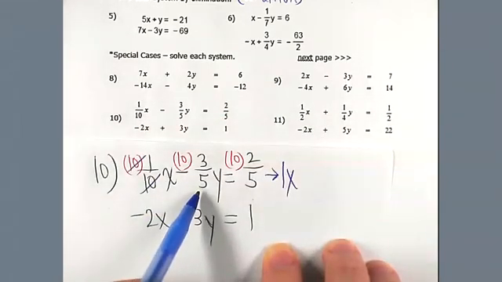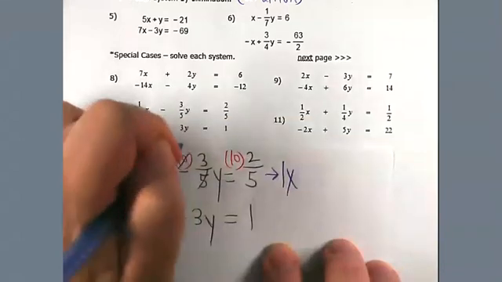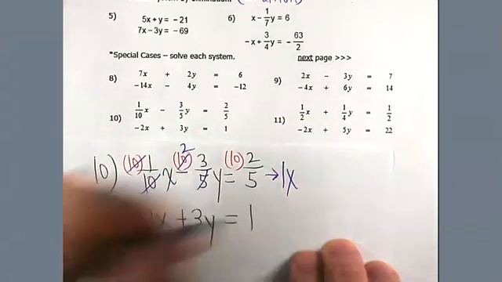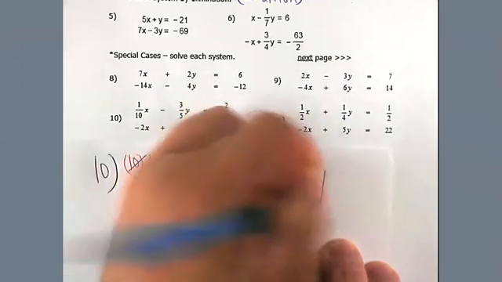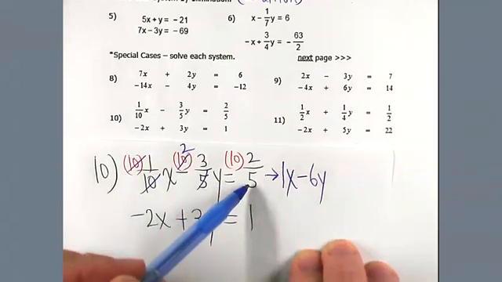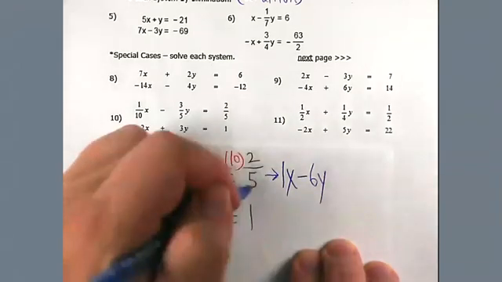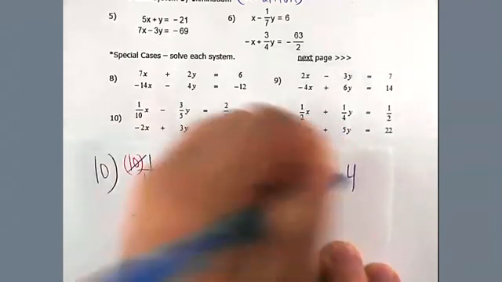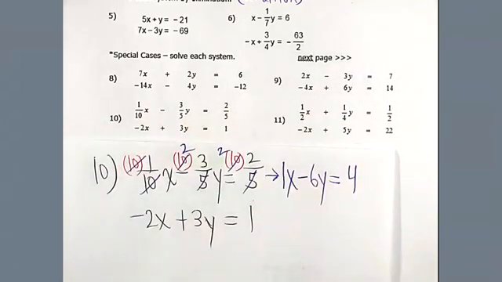Second fraction, 5 can go into 10 2 times, and 2 times negative 3 will give us a negative 6y. And then at the end, 5 can go into 10 2 times, and 2 times 2 gives us 4. We didn't mess with the second equation just yet, so scoot it over.